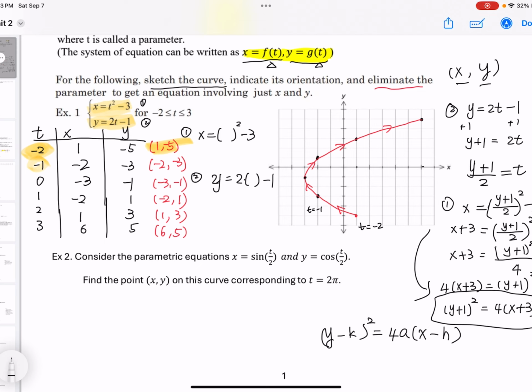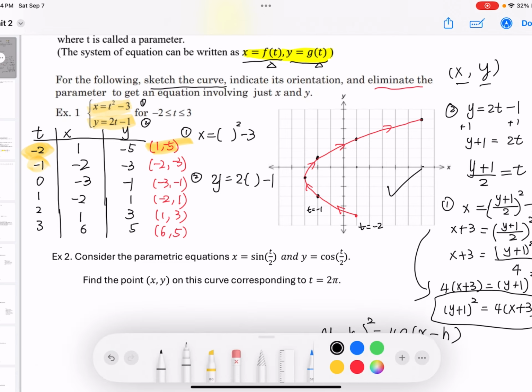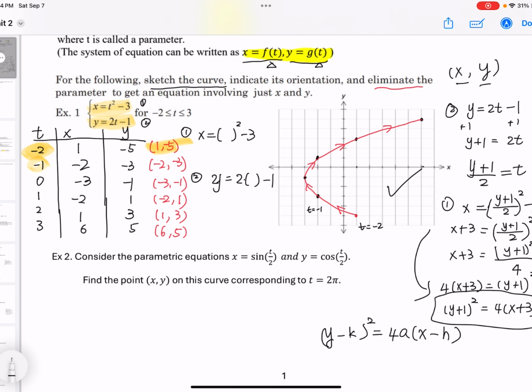Why do I want to do this? I reordered everything because the shape I have sketched is very similar to a parabola, a portion of the parabola. In this equation, what is the vertex? It is (-3, -1). Let's prove it.